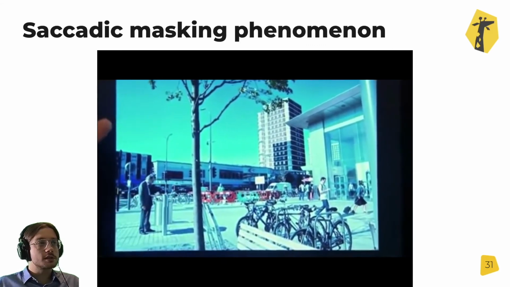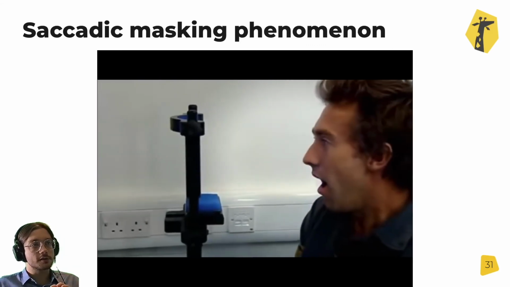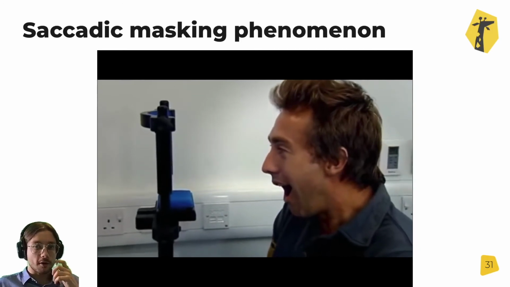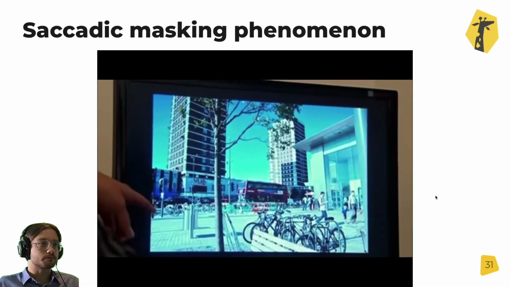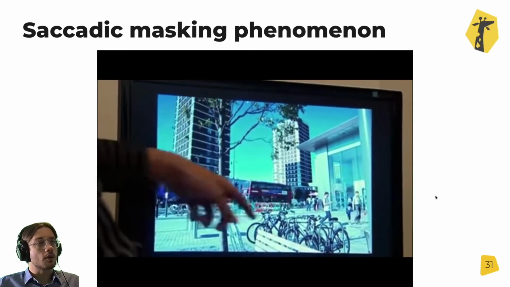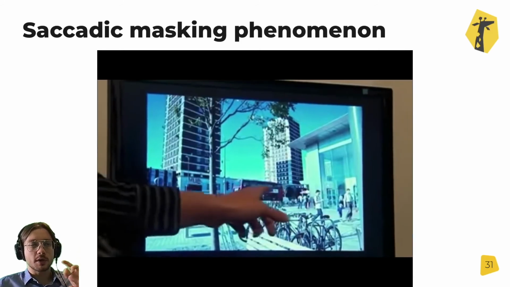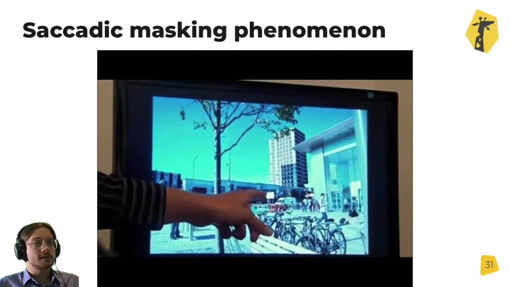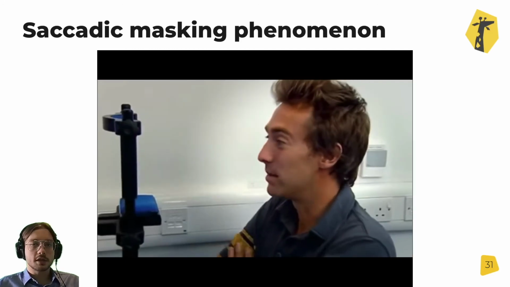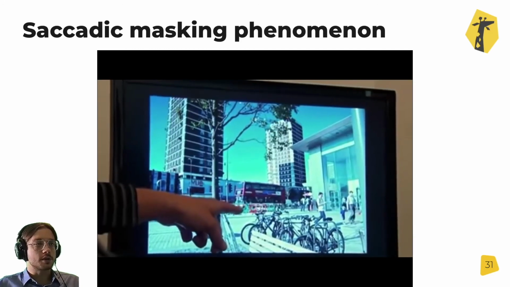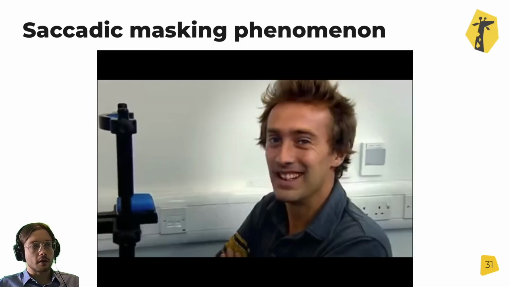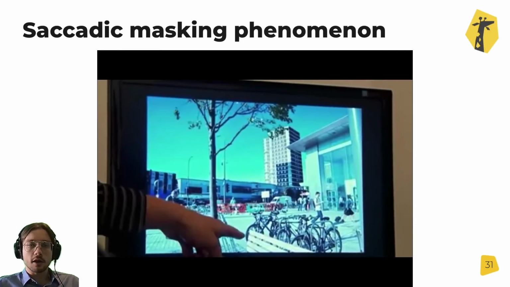Here you can see the last picture and the first picture and the reaction of the guy who conducted the experiment. You can see that the big building disappeared, and the bus disappeared, and the person on the right disappeared, and many other things, and he didn't notice that.